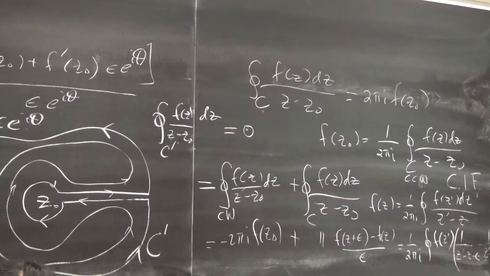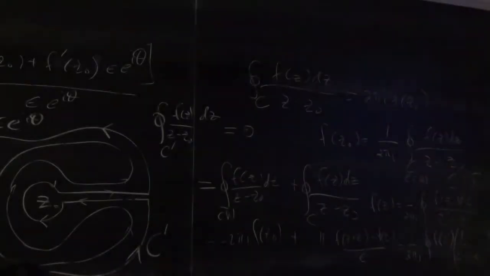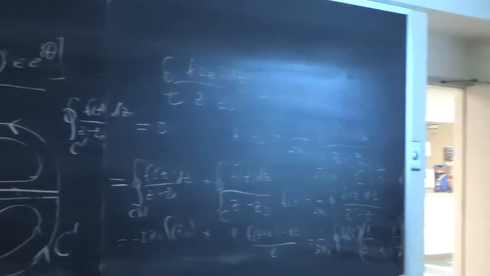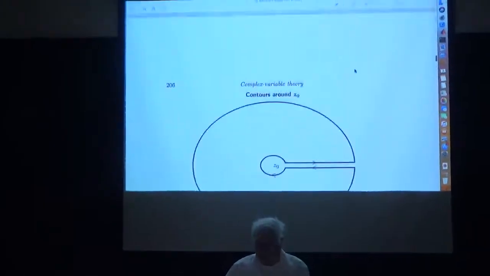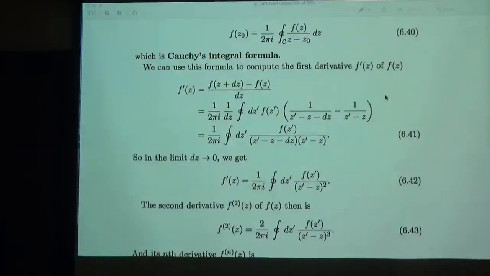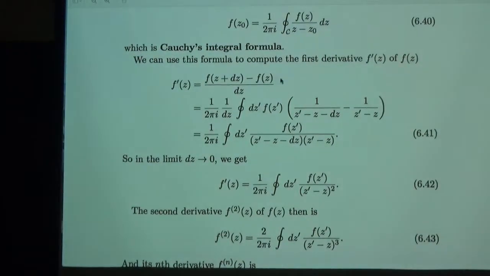Now here I've run out of blackboard, so I'm going to go to the projector. So now we compute this. I used a more general expression, dz, here instead of epsilon.